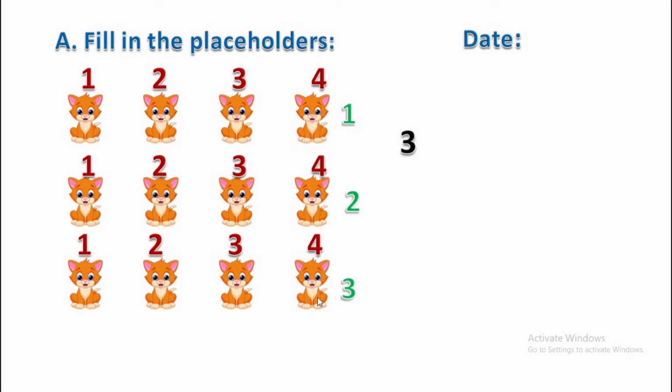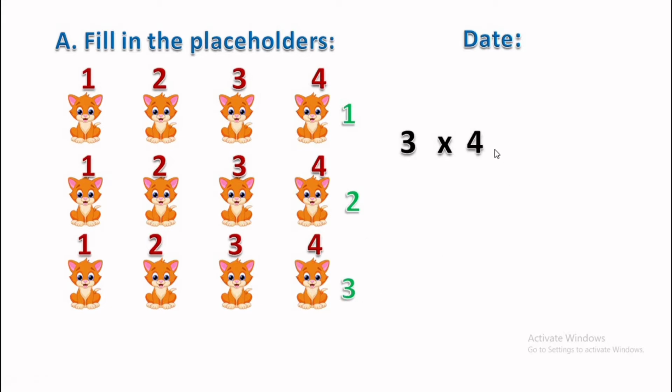So if we want to find out the total number of cats, we can put multiplication and we will write the number of cats in each row, because here we have the same number of cats in all the rows.